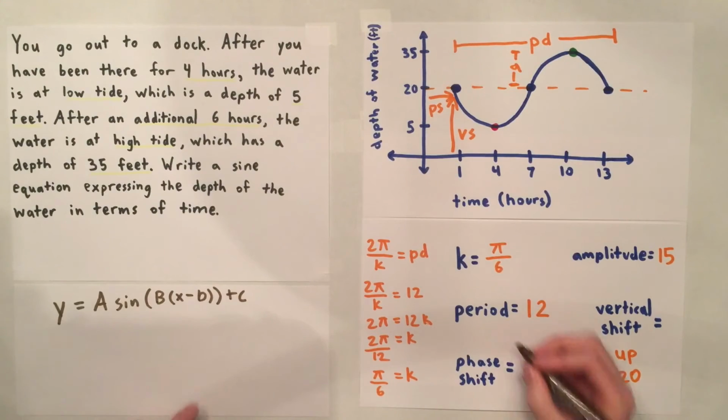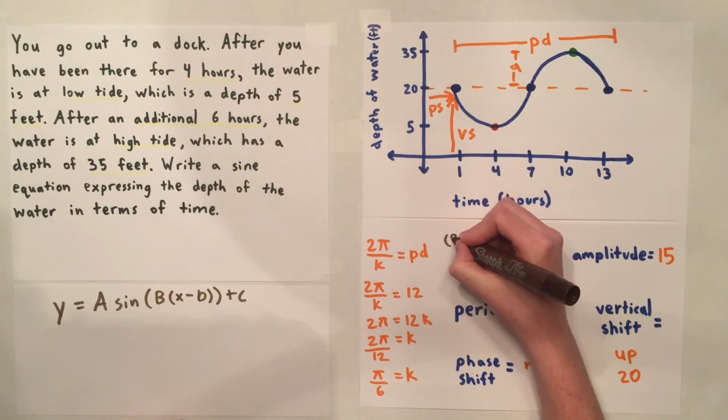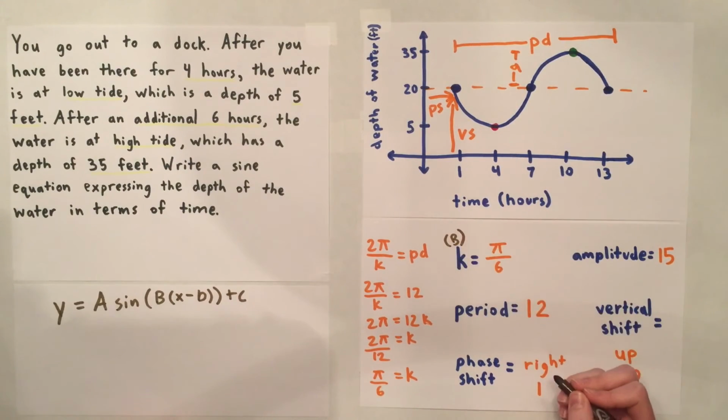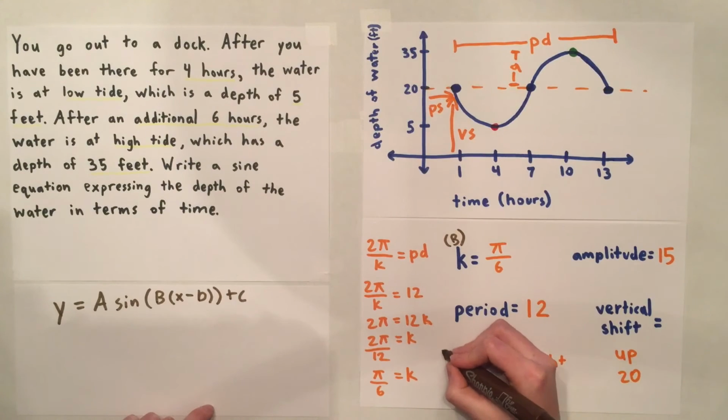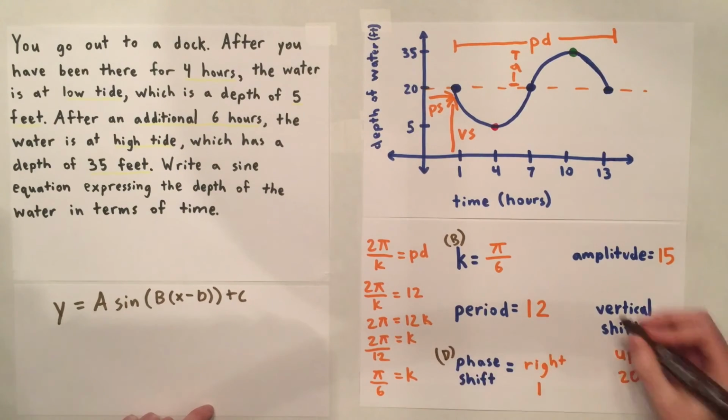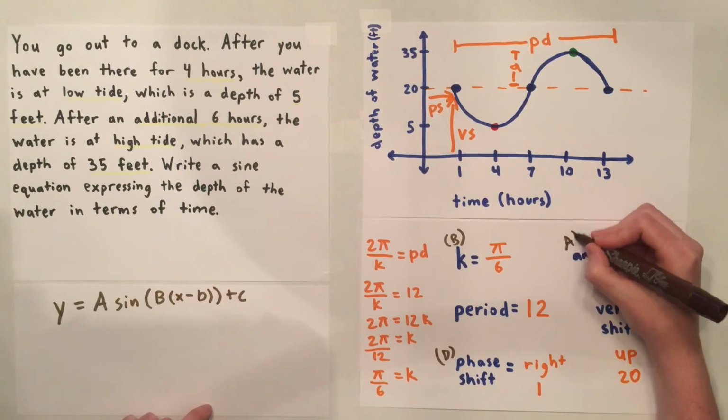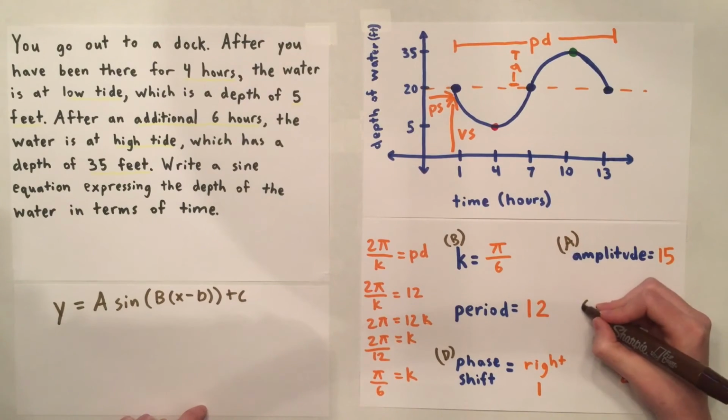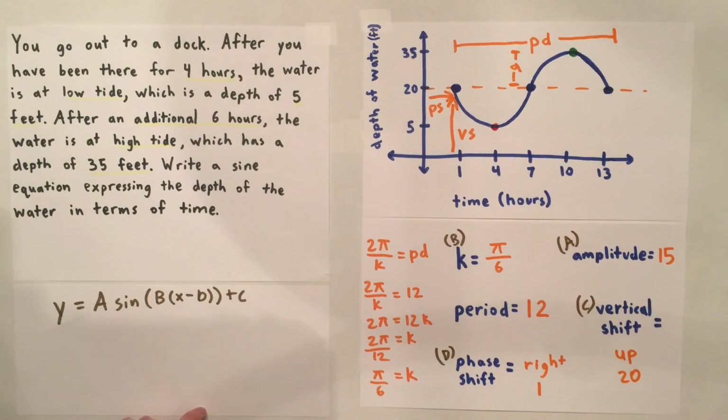Where b is k, d is the phase shift, a is the amplitude, and c is the vertical shift. So now we can just plug our numbers into the equation.